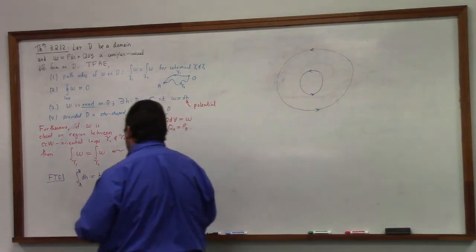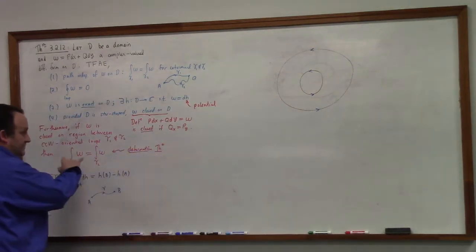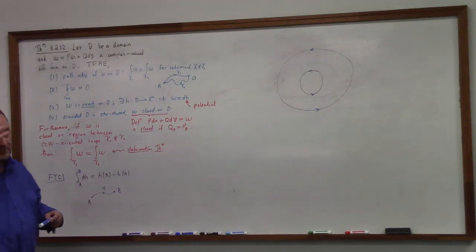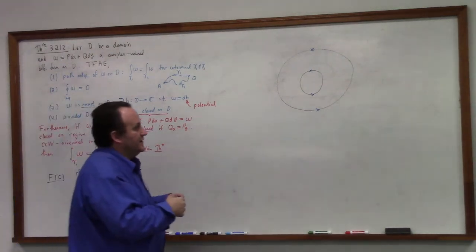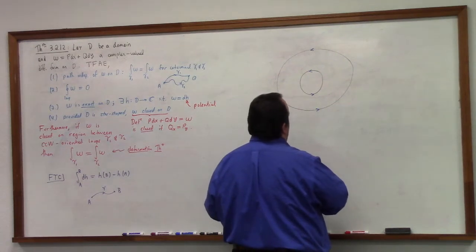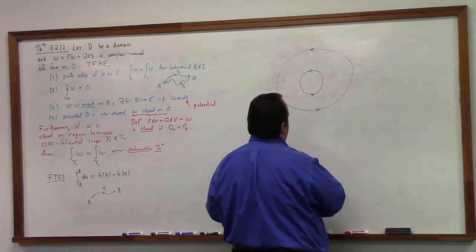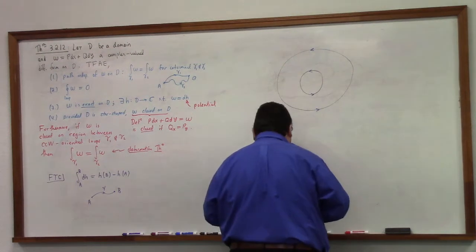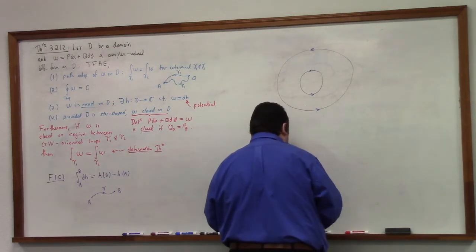Now, here, these are both counterclockwise. But what I need to apply is Green's theorem on this annulus, or this region between the two curves. So let's start with the region.